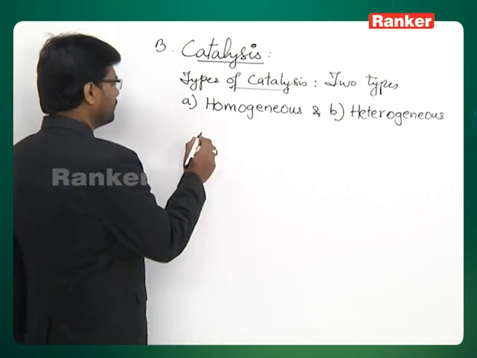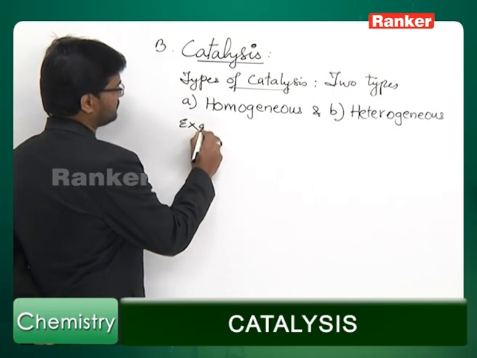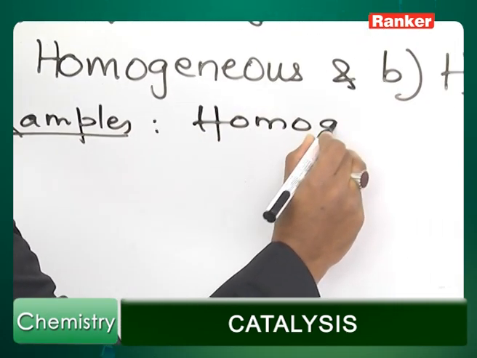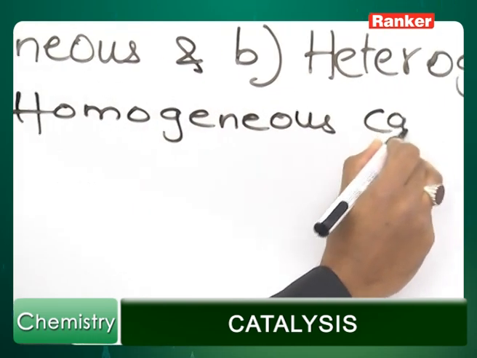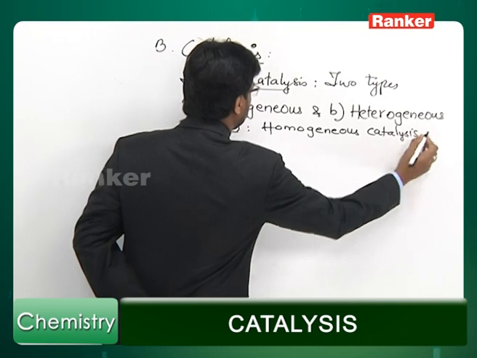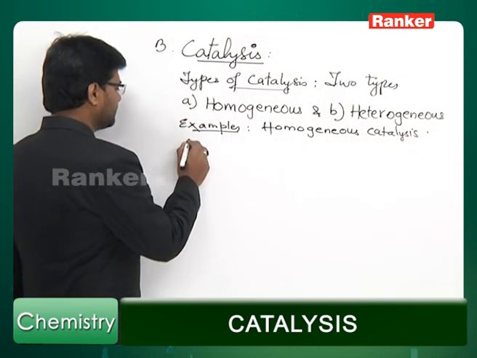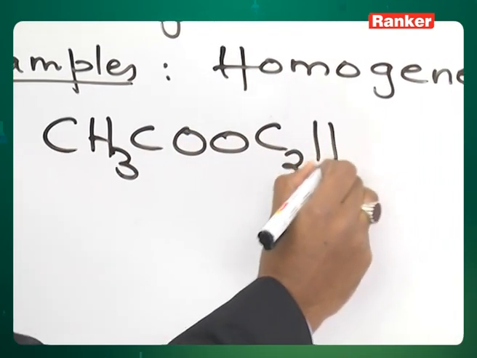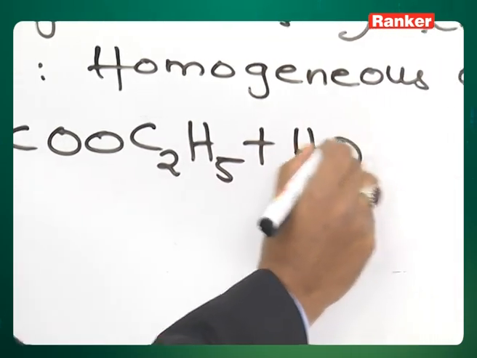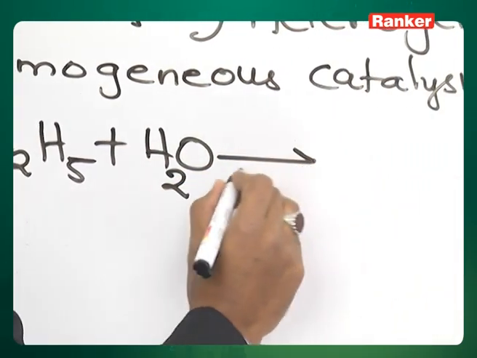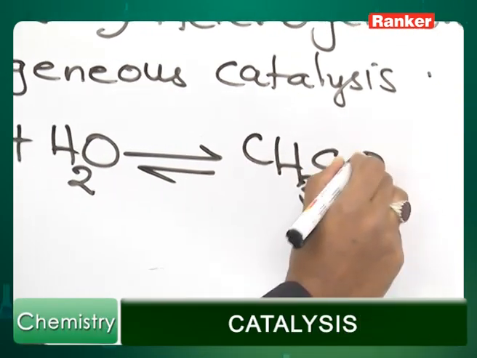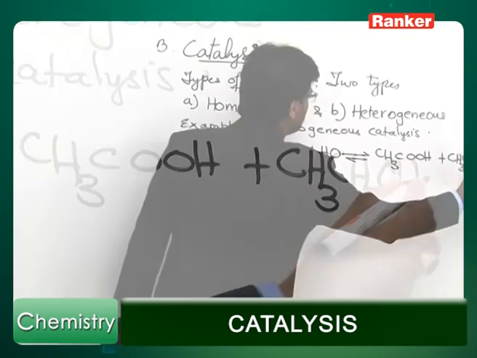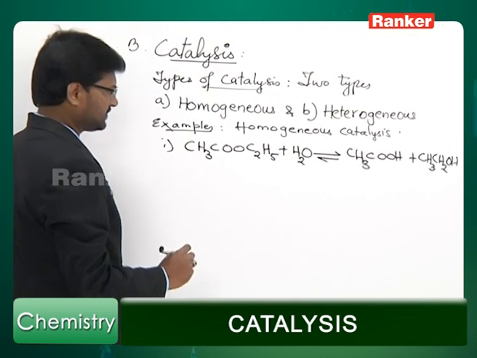Let us look at the examples of homogeneous catalysis. One example of homogeneous catalysis is hydrolysis of ester. CH3COOC2H5, this is ethyl acetate, plus water, and then you get CH3COOH plus ethyl alcohol. This is an example of homogeneous catalysis.